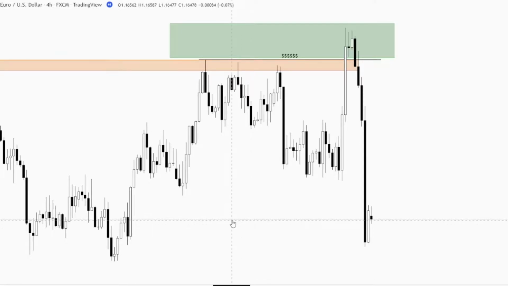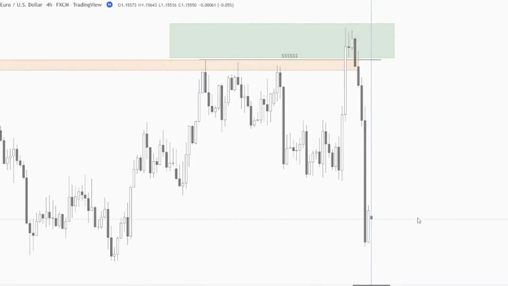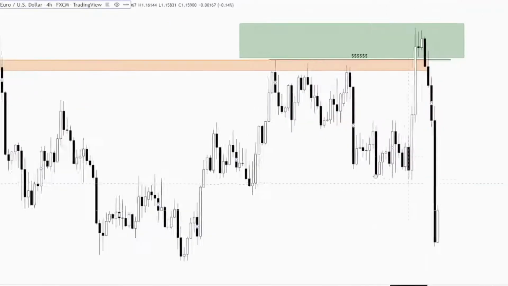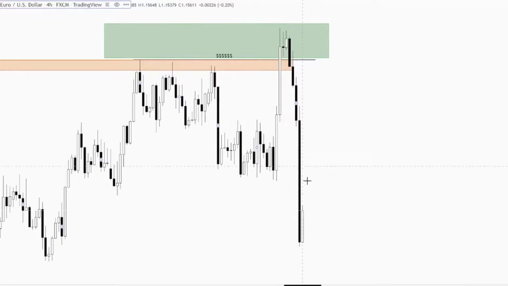Now let's say you are in a market and you have three candles. You are seeing three candles just like these three candles right here. Right, you have candle number 1, candle number 2, and candle number 3.